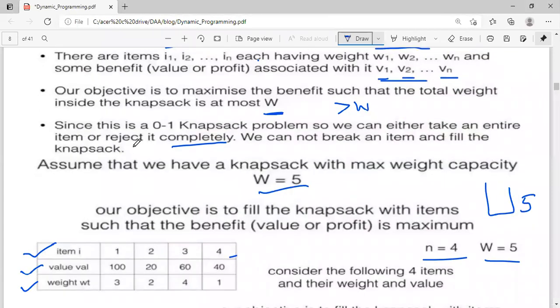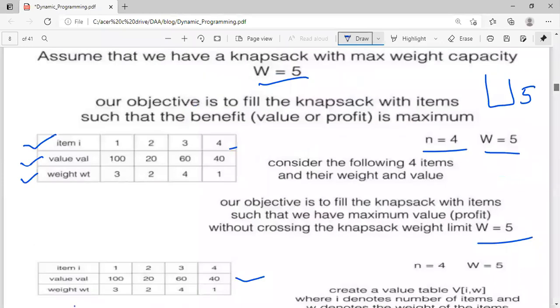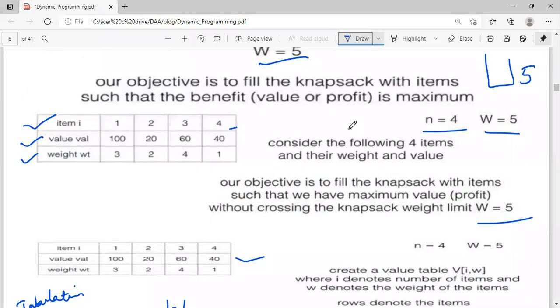So this is our problem now. Here we have 4 items: 1, 2, 3, 4. Every item has a value, that means profit, and every item has a weight. What is our weight capacity here?